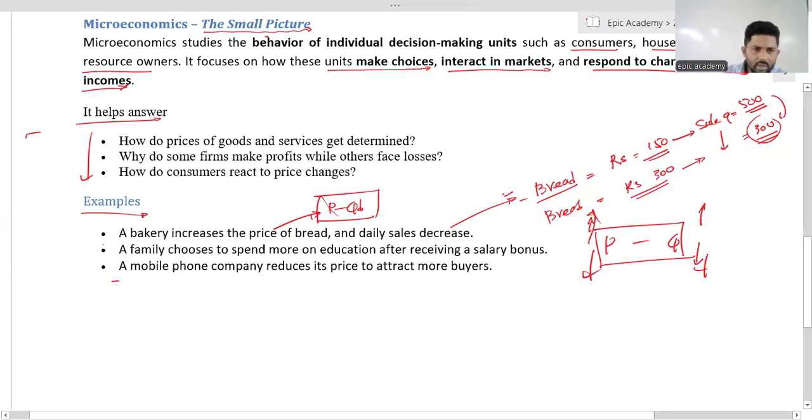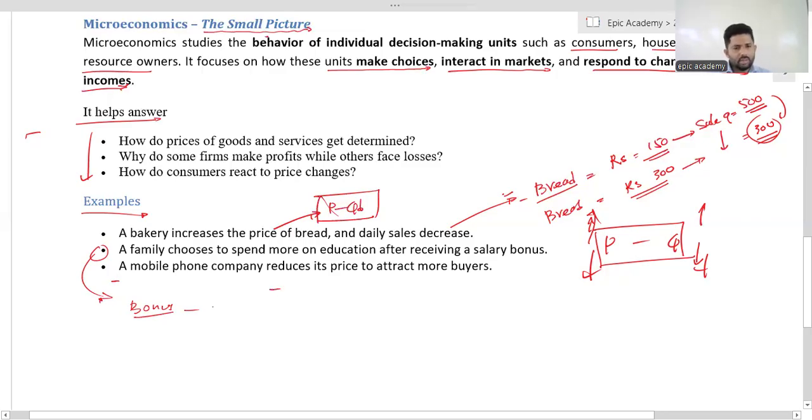And then, a family chooses to spend more on education after receiving a salary bonus. Okay, they got a salary bonus. They choose to spend more on education.